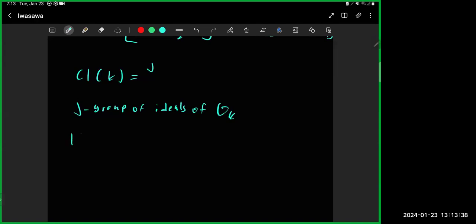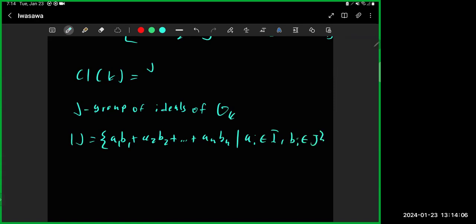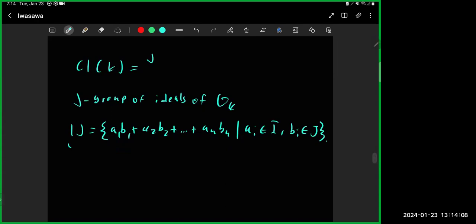If you remember, I times J is the set of all finite linear combinations a1 b1 plus a2 b2 plus dot dot dot plus an bn, where the ai's are in I and the bi's are in J. And this is a new ideal.